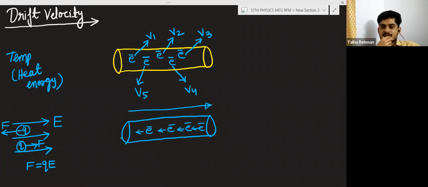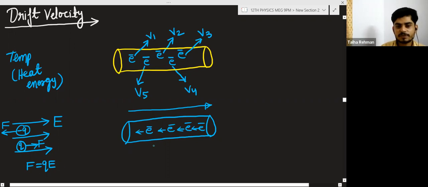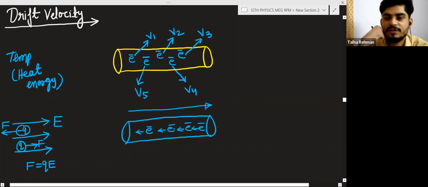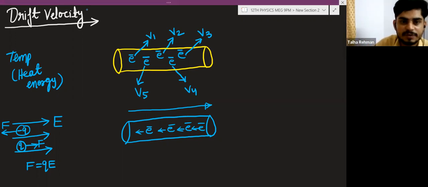After applying the electric field, the electrons move like this because now there is an external force on them. And due to this, current is generated in the conductor. Now there is a proper motion of electrons. This is just the basic idea, and now we will discuss this in detail.